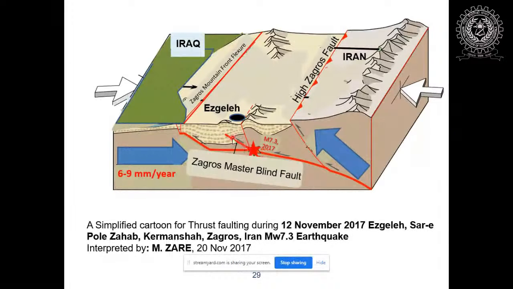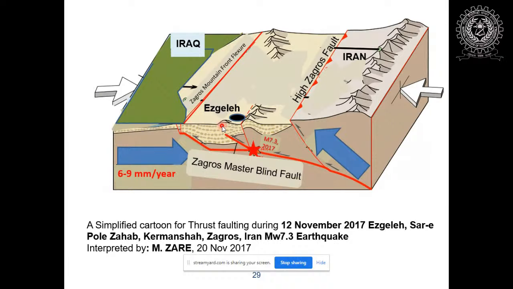It might have extended toward the folded crust, but it never arrived at the sedimentary surface. And this was the reason that we couldn't observe any surface rupture in that region after the earthquake.